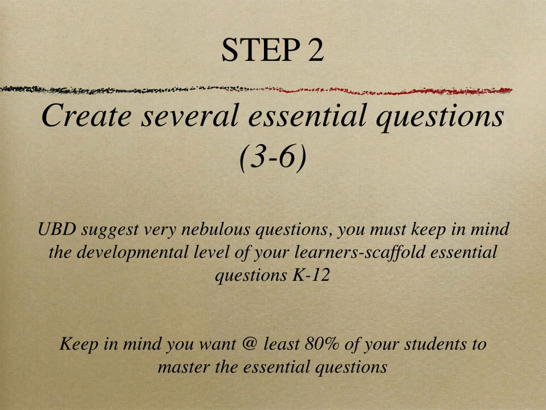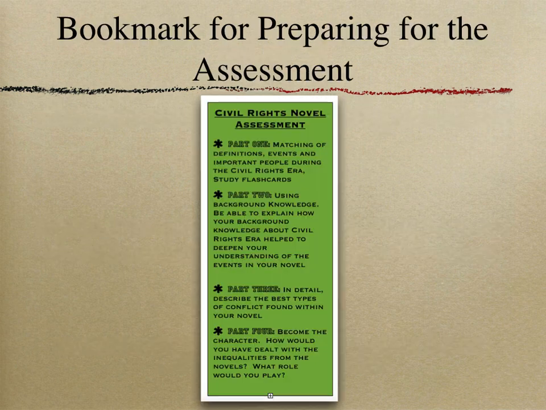Thirdly, how will they find examples of discrimination and conflict in their novels to understand what the people of that era endured? And then lastly, how would students have dealt with the inequalities from the novels? What kinds of roles would they have played if they lived during this time period? Those were my 4 essential questions that I wanted students to be able to show and understand by the end of the unit.